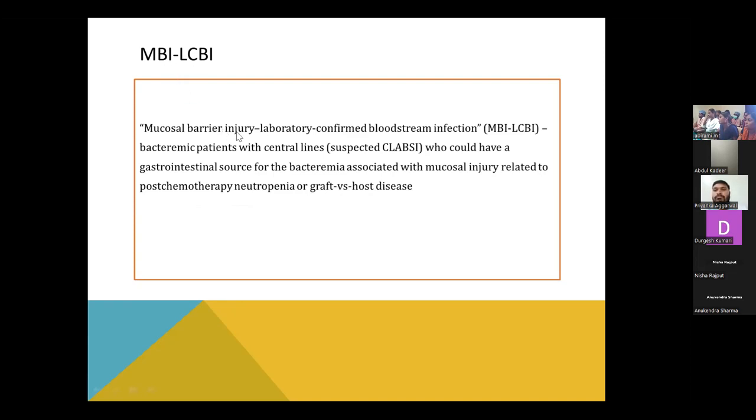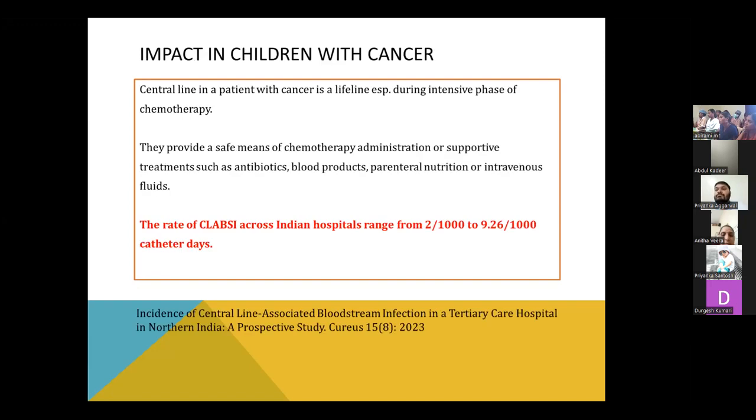It is a mucosal barrier injury laboratory-confirmed bloodstream infection. This is a patient with a central line who has a proven bacteremia from the central line culture, but also has mucosal injury, for example GI mucositis following chemotherapy or GVHD. So the infection could have been from the catheter itself or from the migration of organisms through the GI injury.